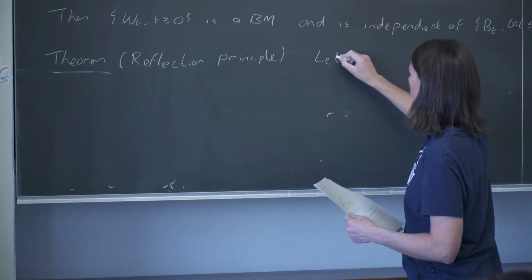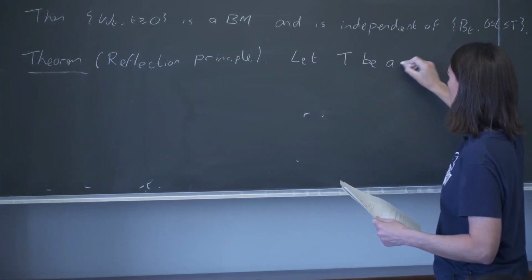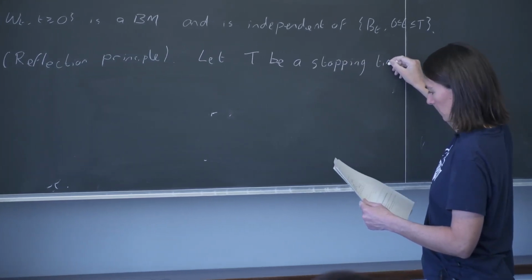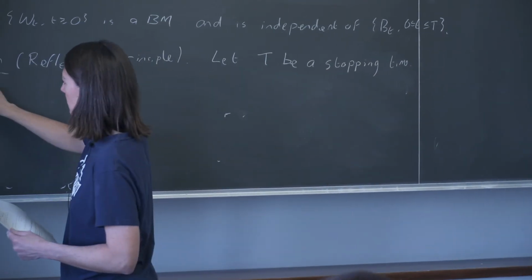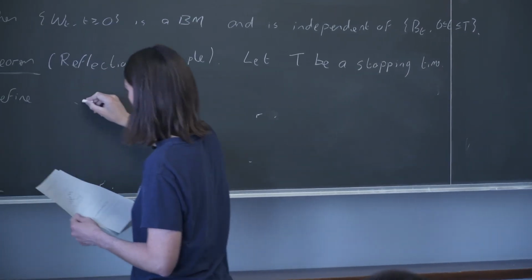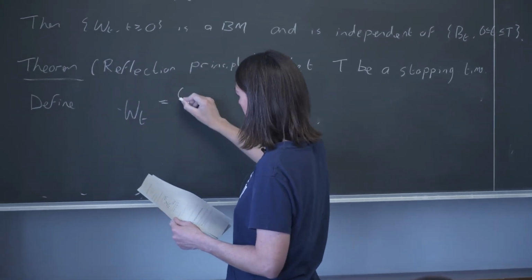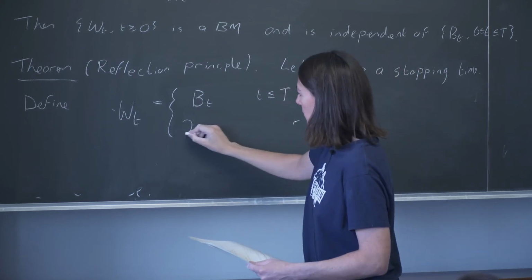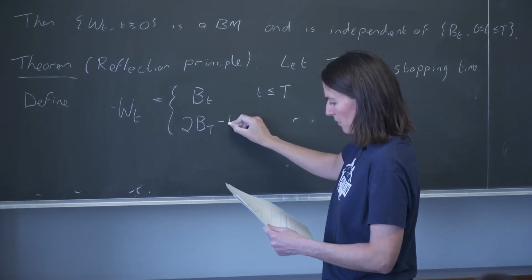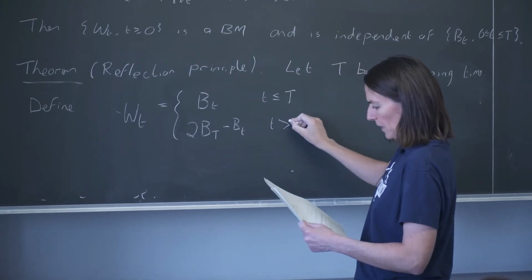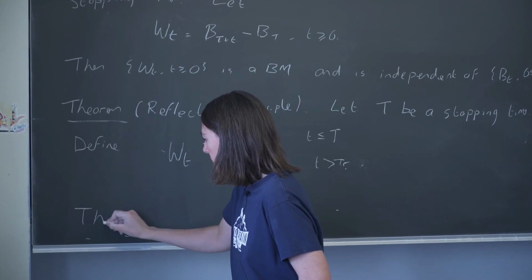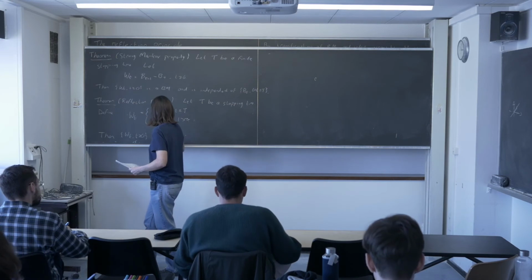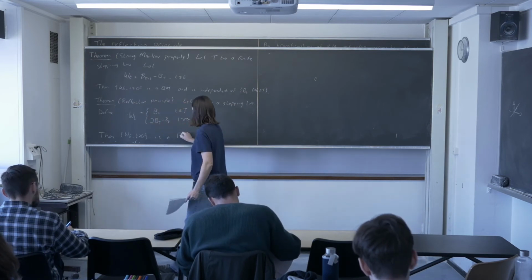Let T be a stopping time, and define W_t to be B_t if t is less than or equal to T, or 2B_T minus B_t if t is strictly bigger than T. Then W_t is a Brownian motion.